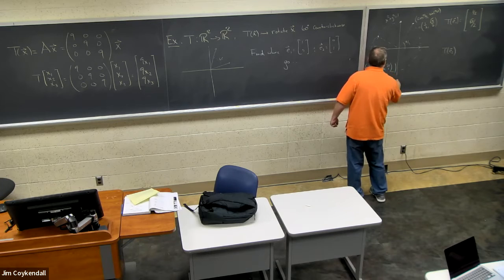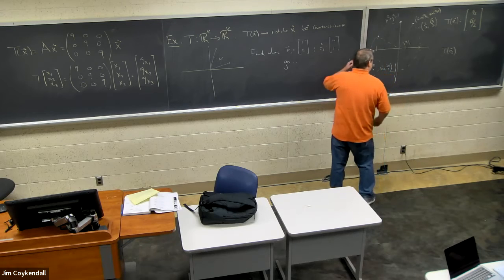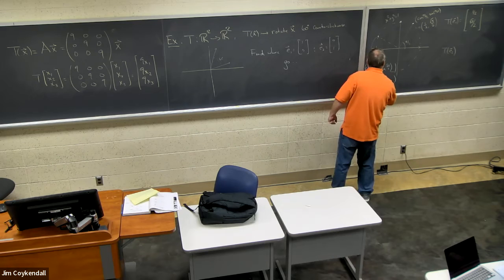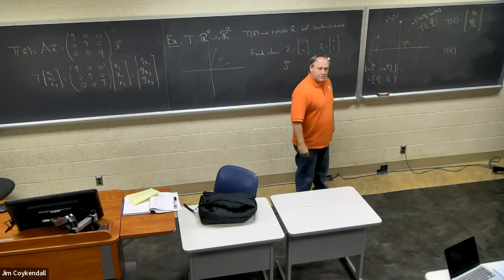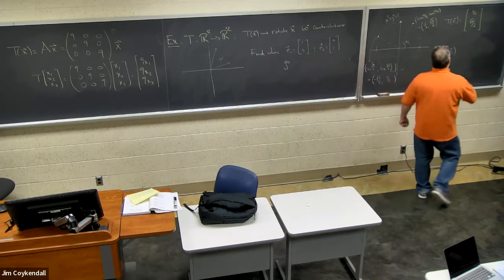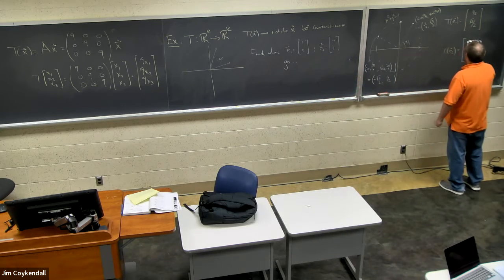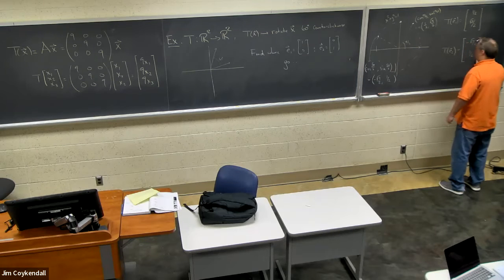Which in this case should be minus radical 3/2 and 1/2. Everybody understand? So this ends up at minus radical 3/2 and 1/2.